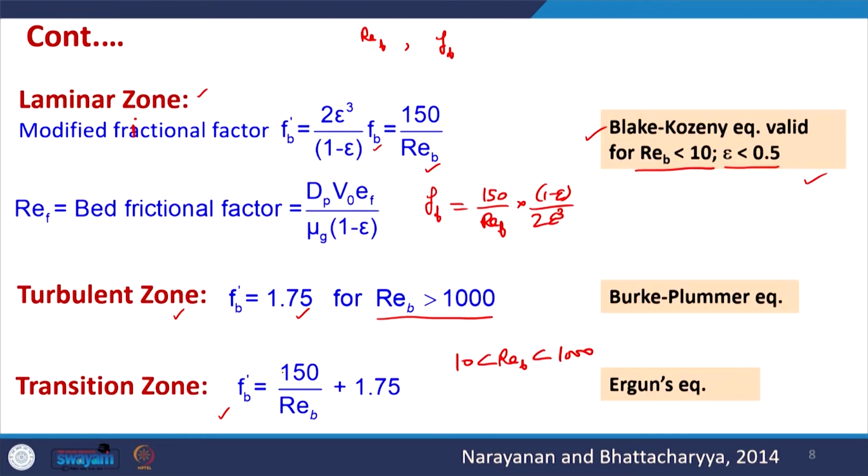So, this is how they are combined together. This is the basic equation which can be used in filtration also for finding out pressure drops and other parameters, and it has been developed from the flow through a porous bed.